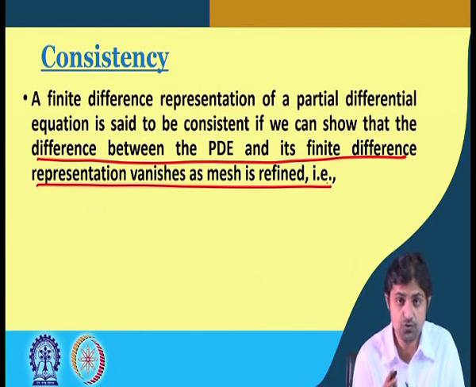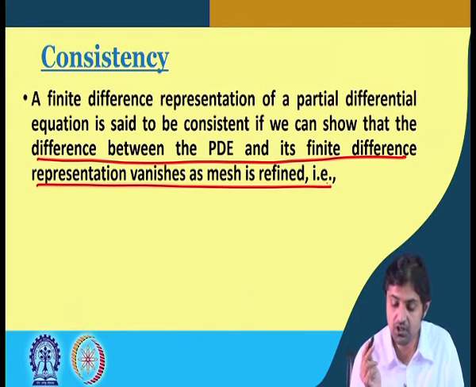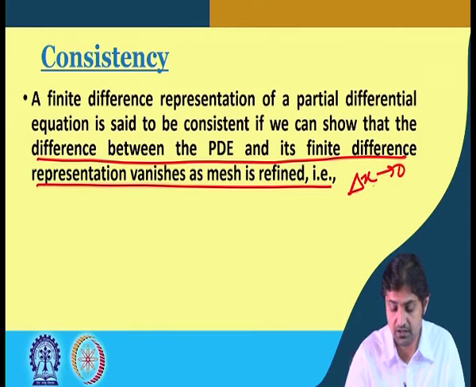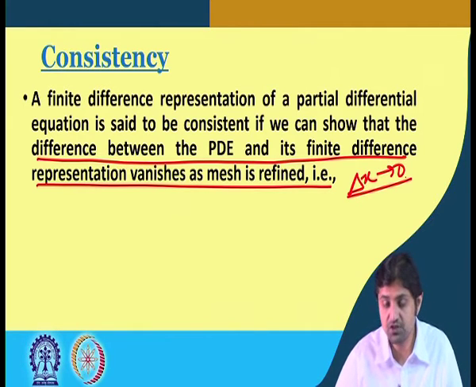So this solution is consistent if we are able to show that the real solution, that is the PDE solution, the difference of that with the one obtained using the current method, that is the finite difference method, will go away, will be 0, or starts to go to 0 as delta x is refined, as the mesh goes to 0.